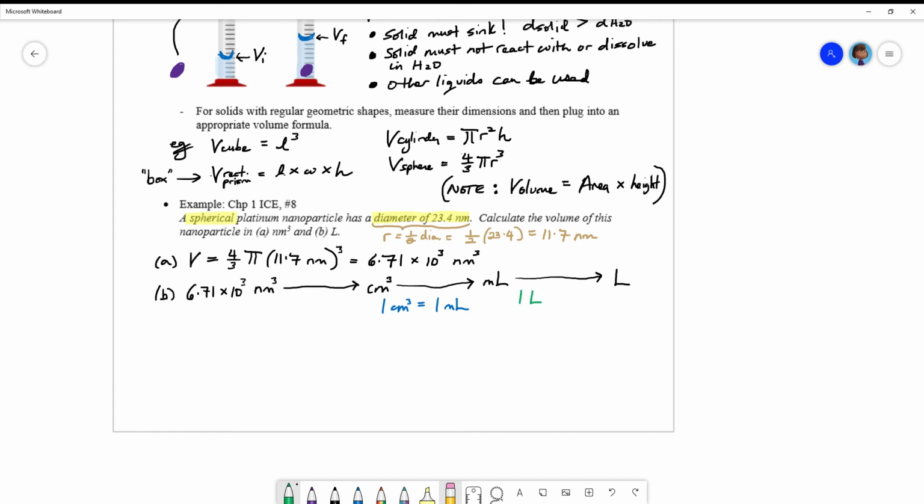So 1 big liter equals 10 to the 3 milliliters. So as it turns out, the only difficult, I'm going to put difficult in quotations here, conversion relationship to obtain is the conversion relationship for the first step, which is cubic nanometers to cubic centimeters.